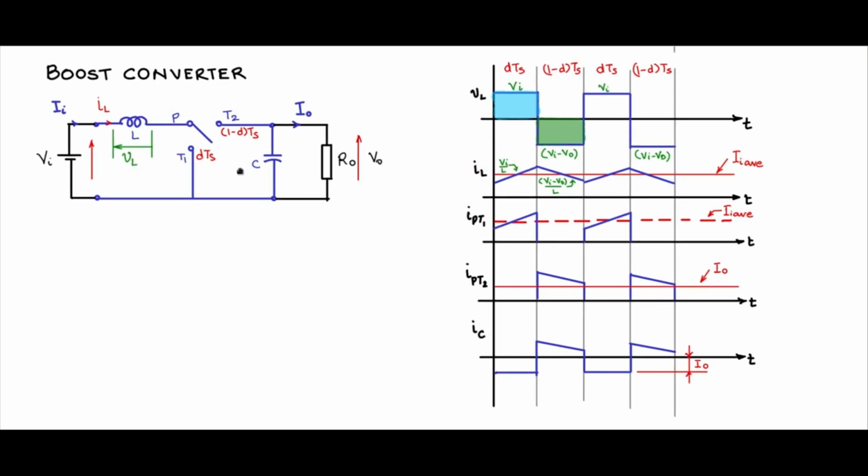Next, let us find out the value of the capacitor C. For that, we have to look at the capacitor current waveform, and we know from amp-second balance that the area of the top portion above the zero line and the area of the bottom portion below the zero line should match.